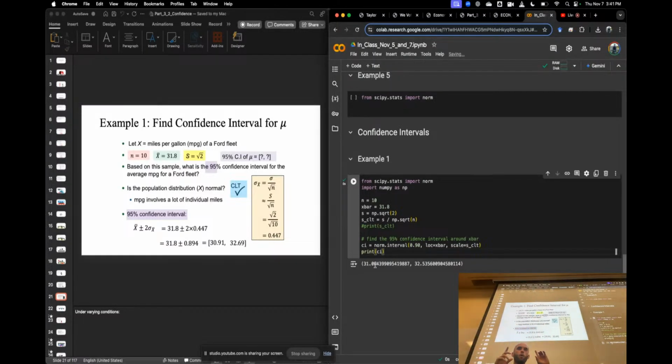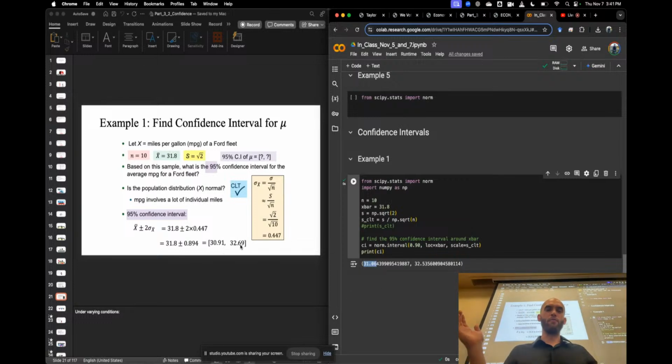The upper and lower bounds are closer to our sample mean, which means if we only need to be 90% confident of something, then we can say something more precise. We're less confident, but we can say something more precise. You can see this because 31 is closer to the sample mean than 30.9.